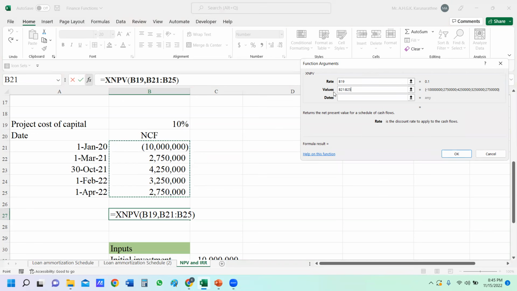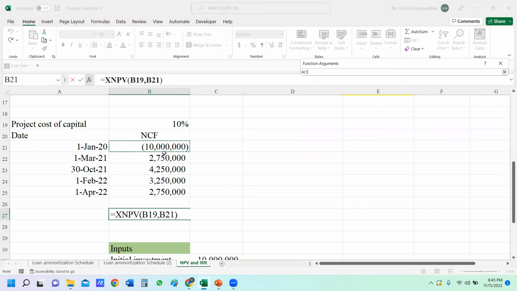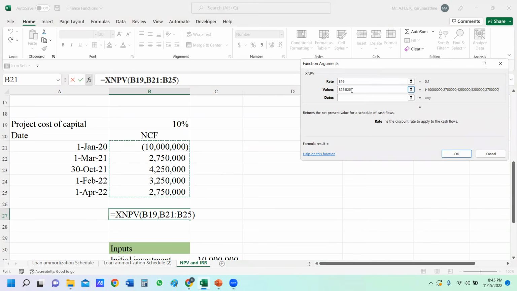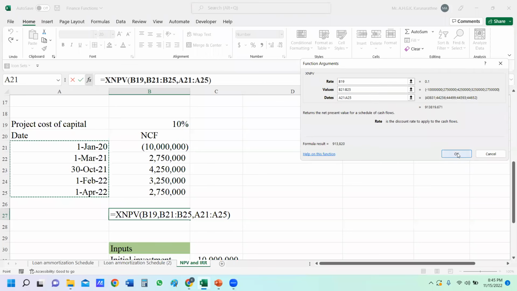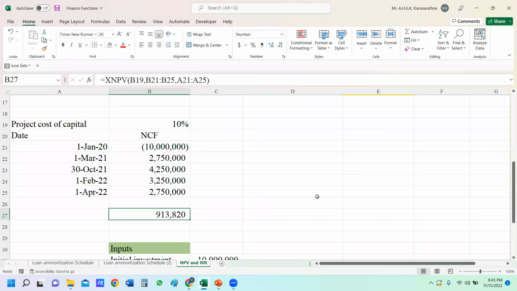So with this XNPV approach, all the cash flows can be directly given like this as values. Then for dates, you give the corresponding date like this. Very simple. That's it. So this is the NPV. You can see it is very easy.